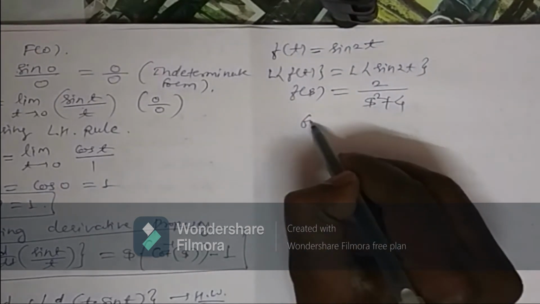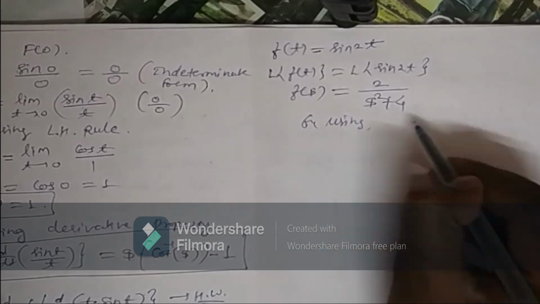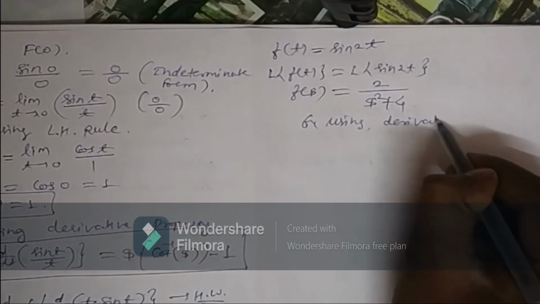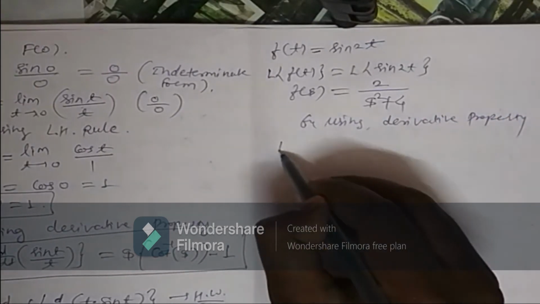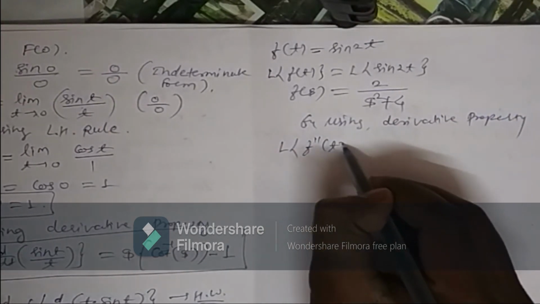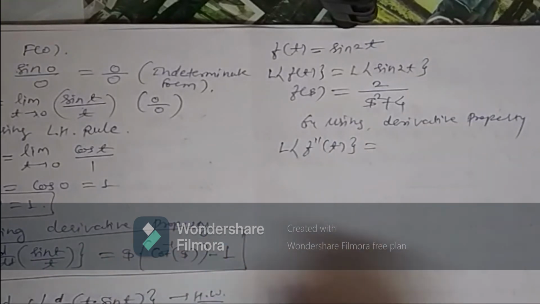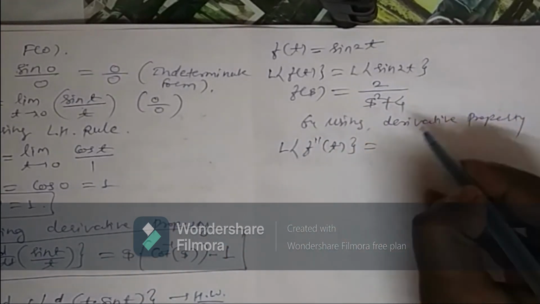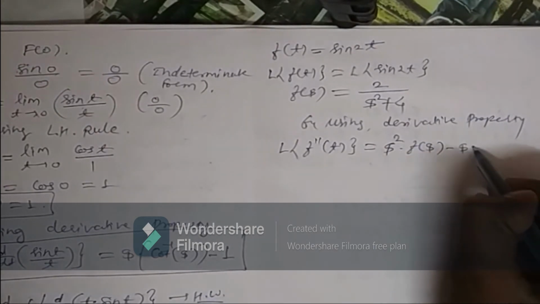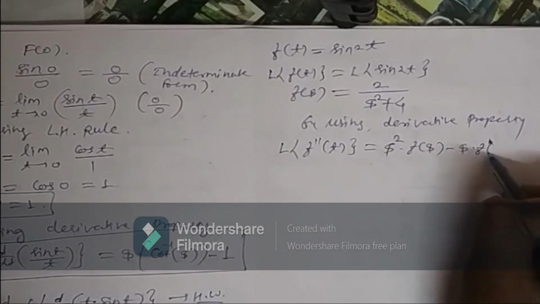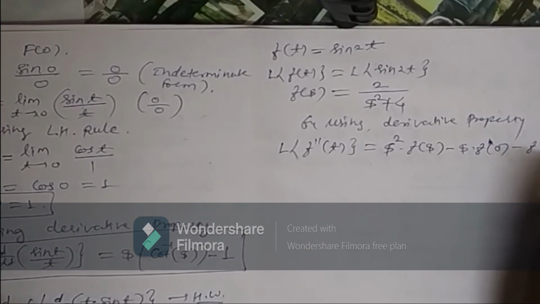Now by using the derivative property, Laplace transform of f double dash of t, actually, the double derivative is given in the question, so that's why we have to use this formula: s square into f of s minus s into f of 0 minus f dash of 0.